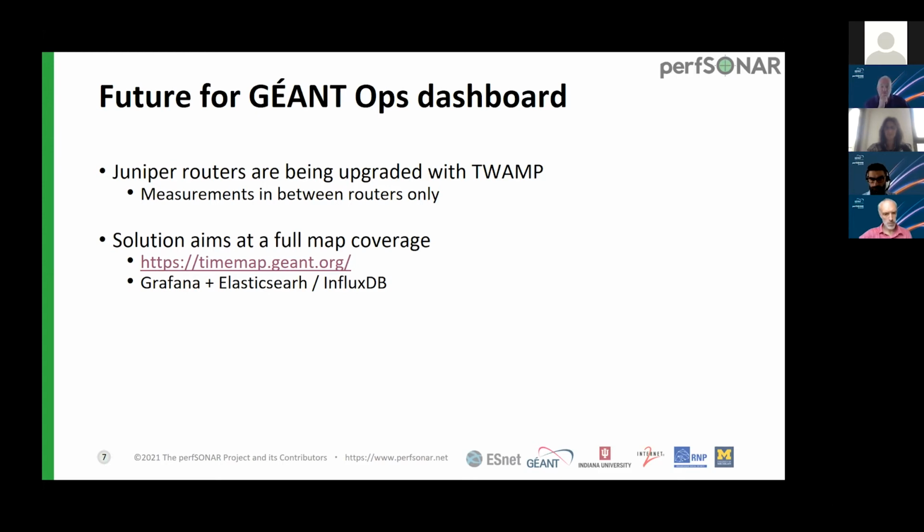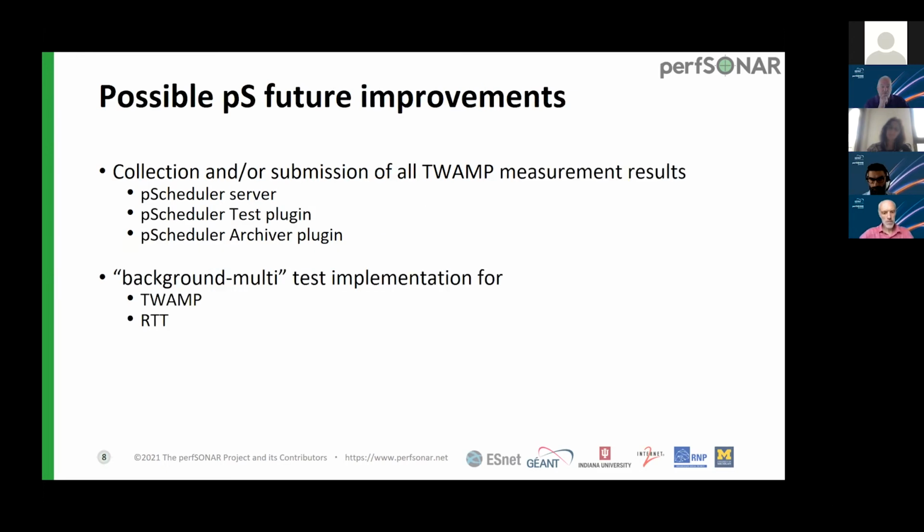So now I come to my last slide, with possible future improvements. The first one is obvious, and I mentioned it already on the measurement details page. It's the collection of the TWAMP measurement results for all of the results, similar to what the Lola team does. This is already an open ticket. We are considering that. I am also part of the perfSONAR development team.